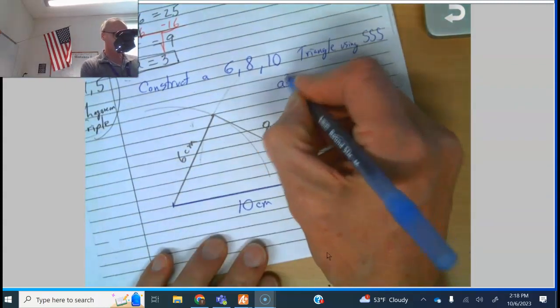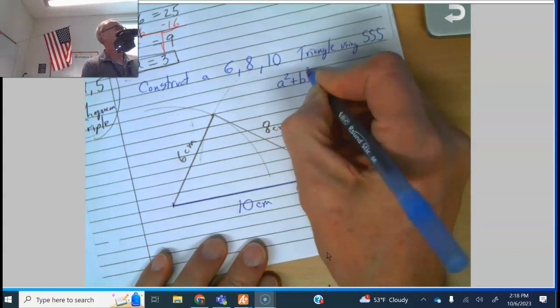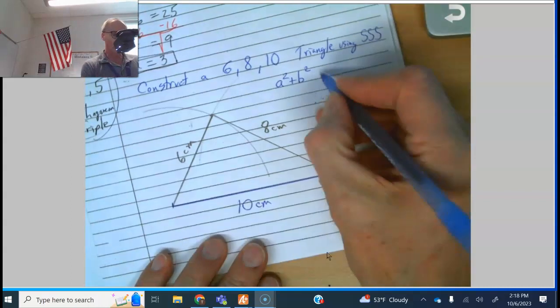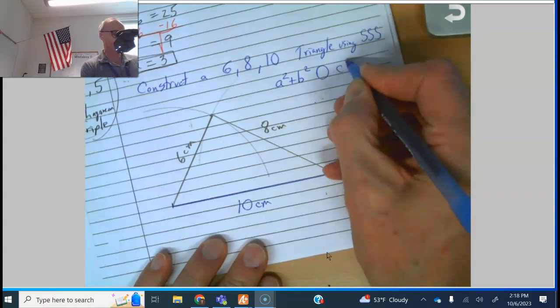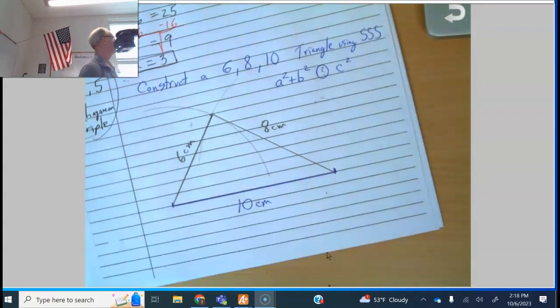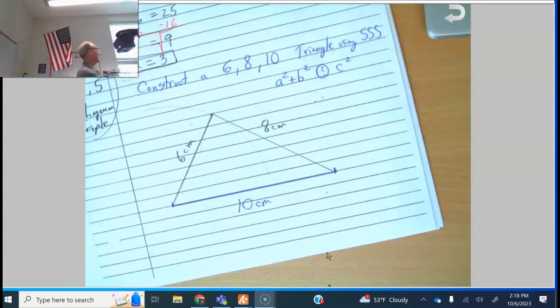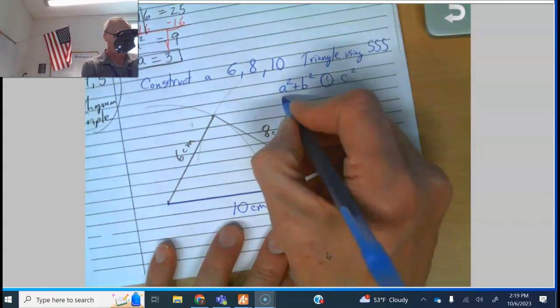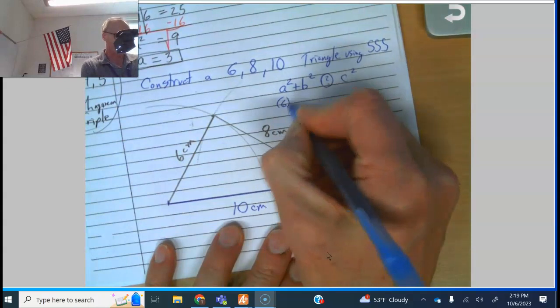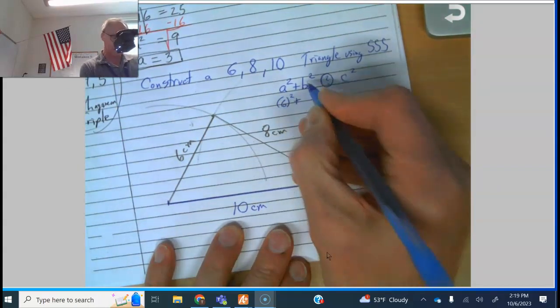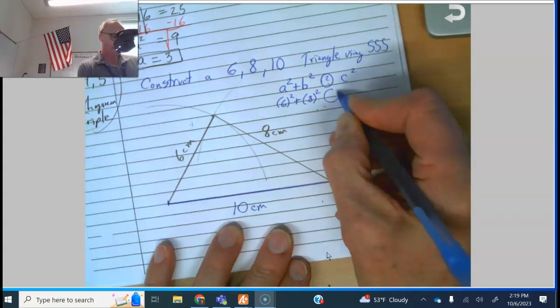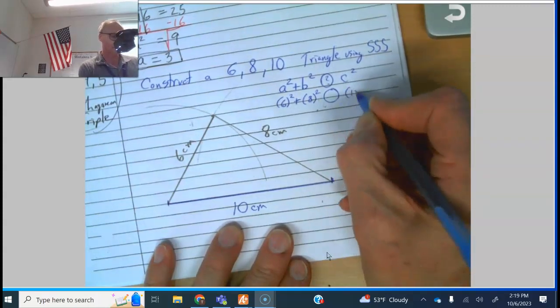Does a squared plus b squared, now we don't write it equal because we don't know if it's equal yet. We want to know, is it equal to c squared? This is the question. How do they compare? Let's see. A is 6, B is 8, and is that equal to 10 squared?